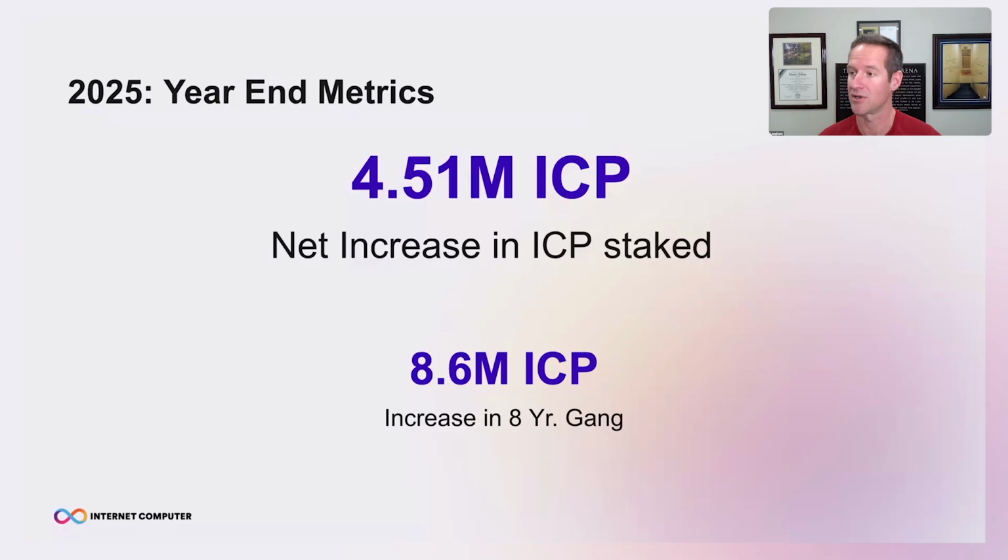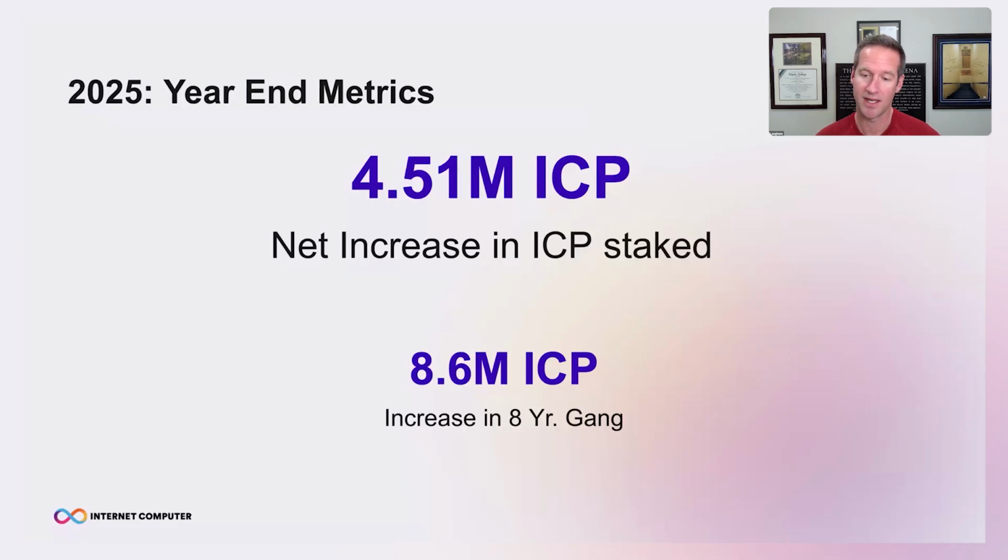So when you take what dissolved over the year and what was newly staked, that difference is positive 4.5 million. This is, I think, the first year in ICP's history in which we saw this number grow, because it's a sign that anyone who was part of the Genesis group that was dissolving has now completely dissolved out, and there's still a lot of interest in joining the NNS, joining the governance of ICP.